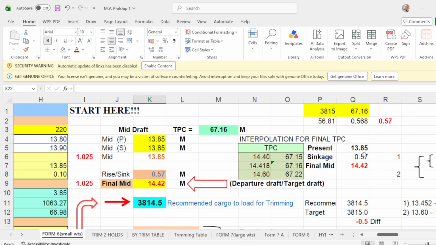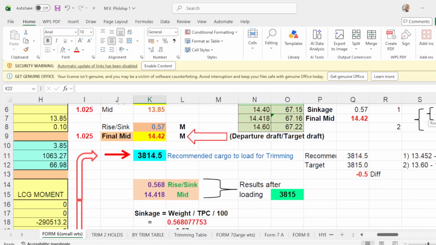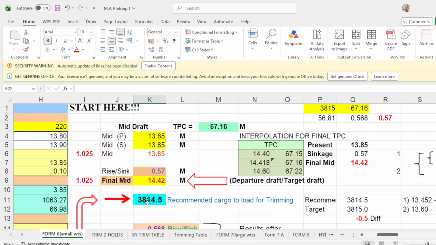So your present draft of 13.85 plus your sinkage of 0.57, then your final departure mid draft will be 14.42, which is the same here. Okay, so there are three kinds. This one minus your mid draft of 13.85 gives you 0.57.